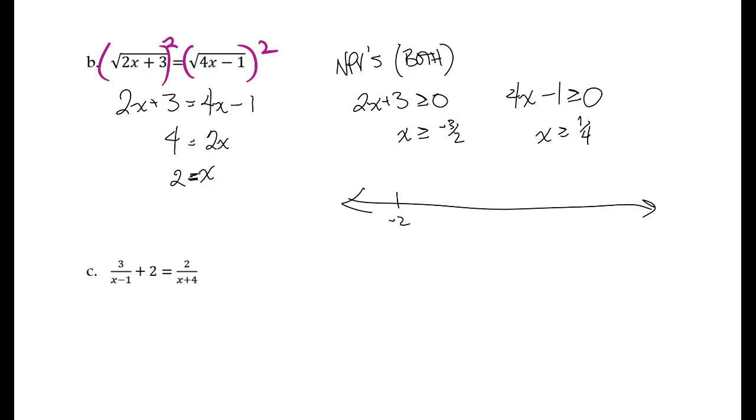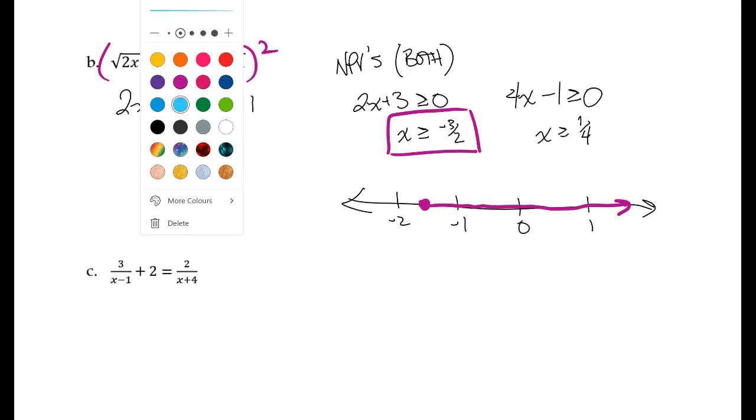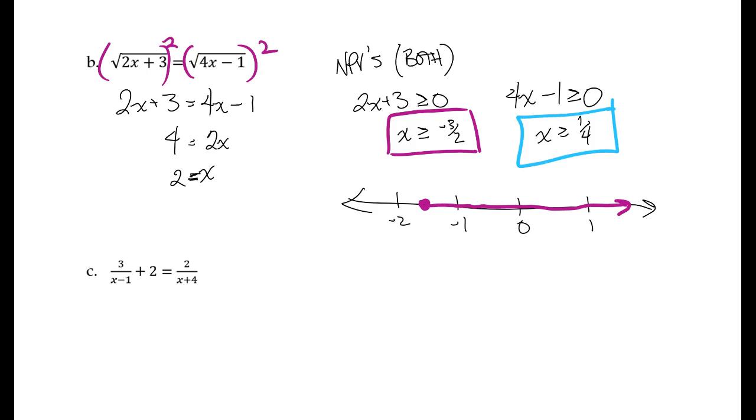I've got -2, -1, 0, and 1. If I plot this domain, it says greater than or equal to -3/2 here would be my graphic description of it. But if I'm showing you, I'll use a very distinct color, blue, greater than or equal to 1/4, that's over here. Because of that further restriction, even though these values would work on the left-hand side, they wouldn't work on the right-hand side.